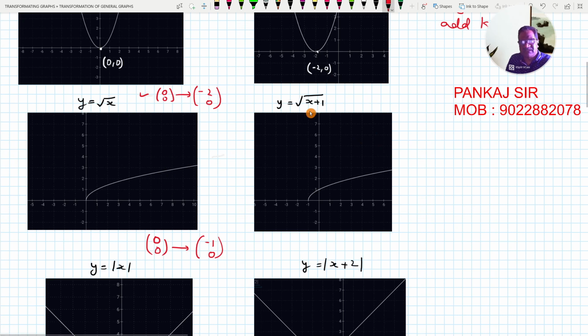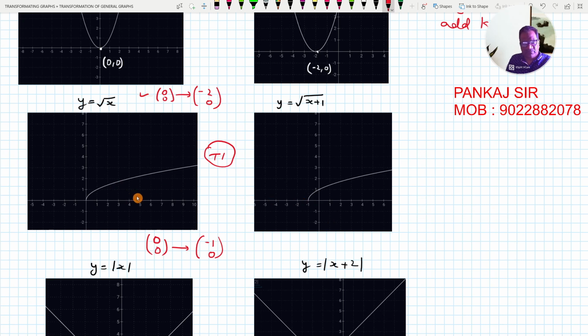As I told you, T1 is nothing but adding some positive value to x. So let us add 1 to x in this function. It will become square root of x plus 1. Now when you plot the graph of square root of x plus 1, this is the kind of graph you will get. Now try to compare the two graphs.